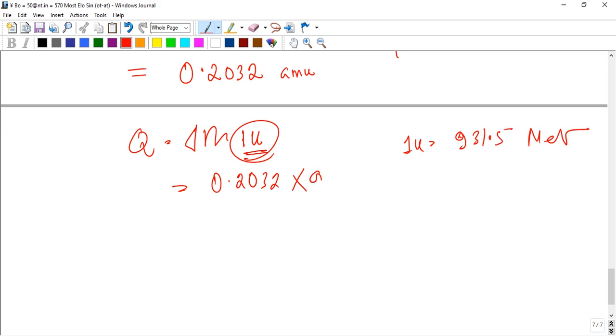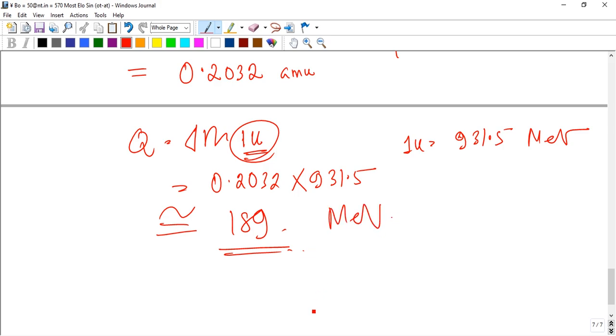So finally we get approximately 189 mega electron volt. One unit of mass energy is 931.5, so multiply by the total mass here and you get the energy in mega electron volt.